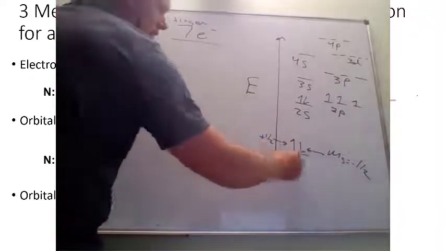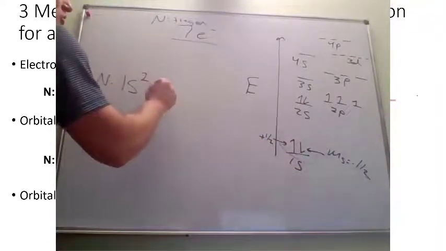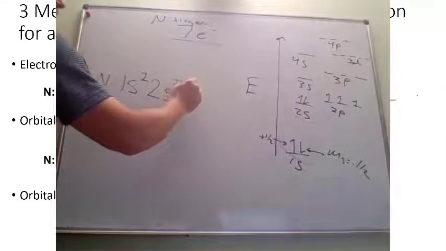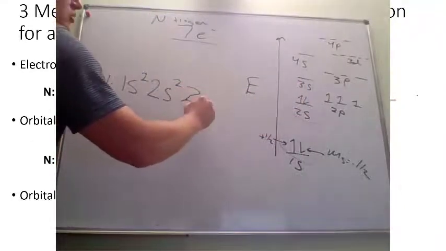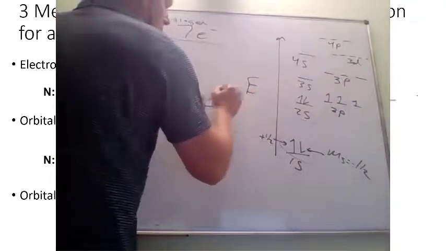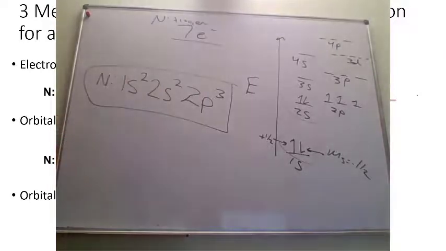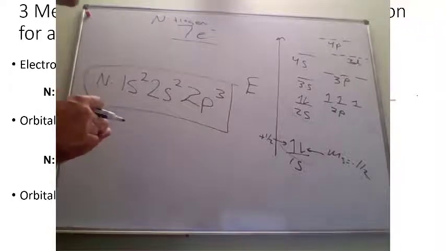Next we go 2s2, talking about the 2s orbital. And then we go to the 2p, 1, 2, 3, 2p3. That's simple. It just tells how many electrons are in each type of orbital at each energy level.